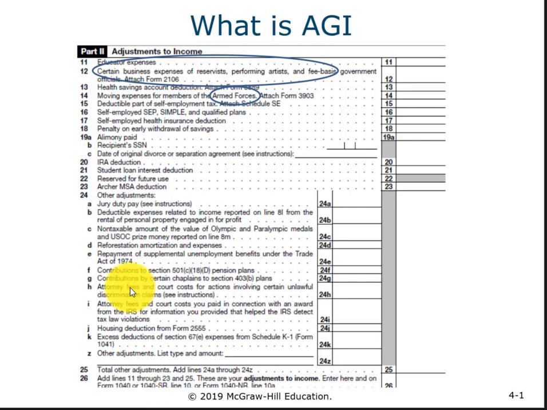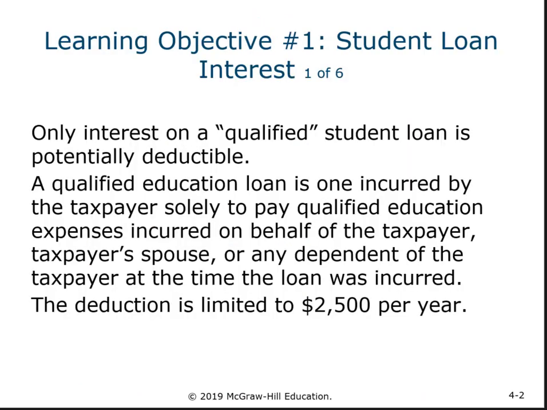And then there's some really minor things down here on line 24, and all these A, B, C, D that we are also not going to deal with just because they have such limited application. So we try to not overwhelm you with lots of things that are not going to come up very often.